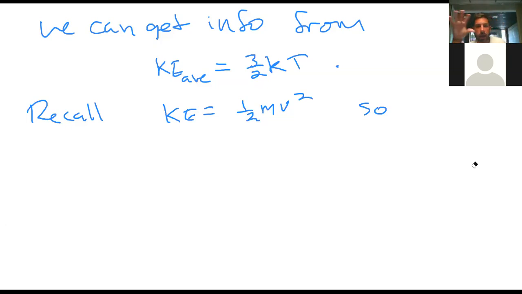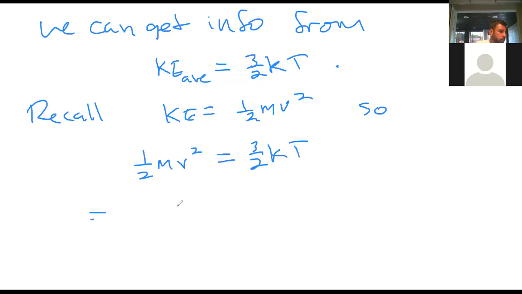So we start with this kinetic energy on average is 3/2 Boltzmann's constant, or the Boltzmann constant, I should say, times temperature. So if I take the definition of kinetic energy and I plug it in there, I can get an equation that helps me solve for V. So for example, if I get 1/2 mv squared equals 3/2 kT, I can solve this.